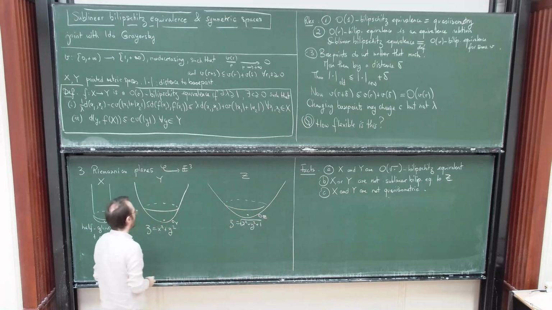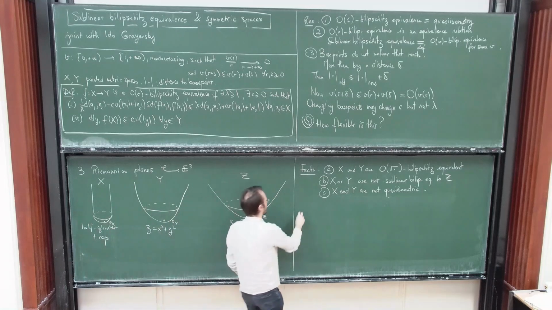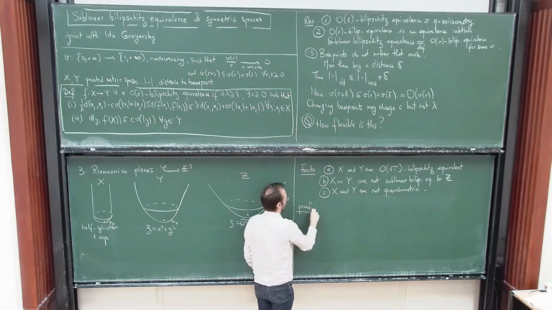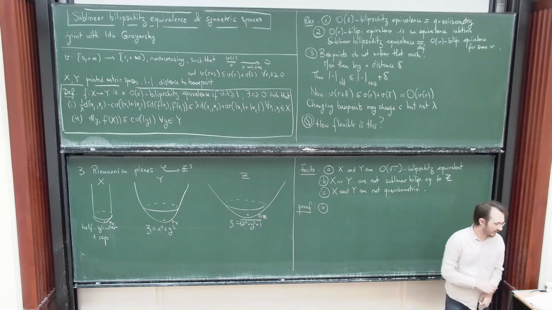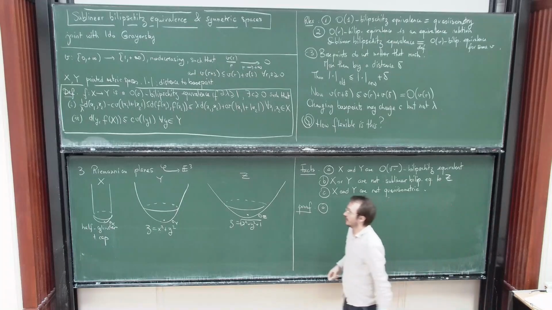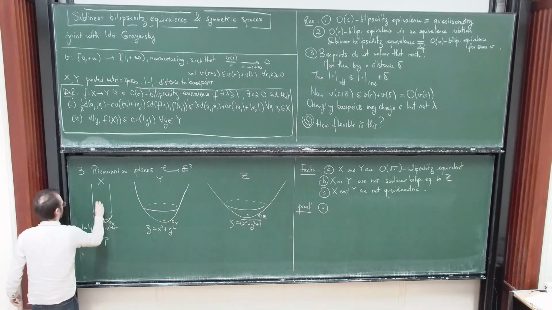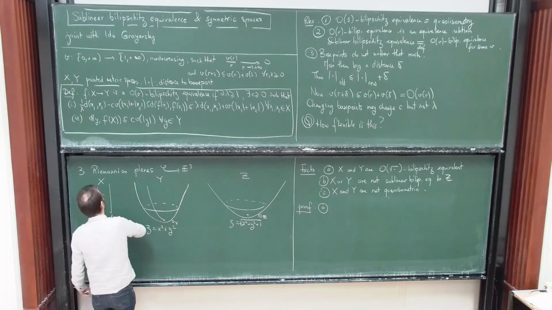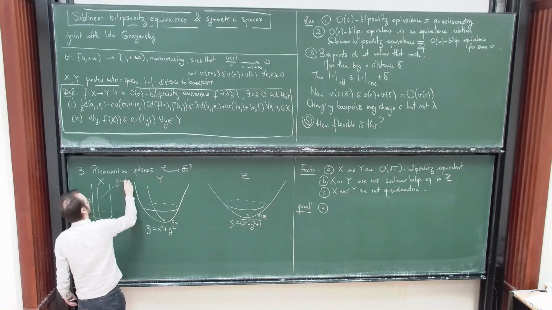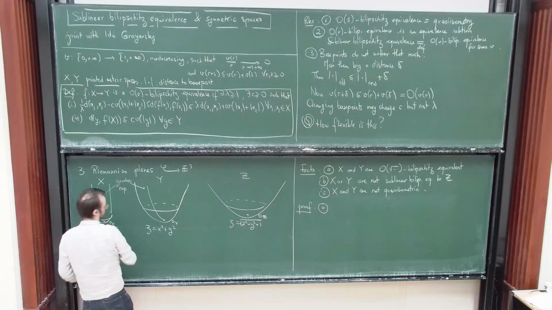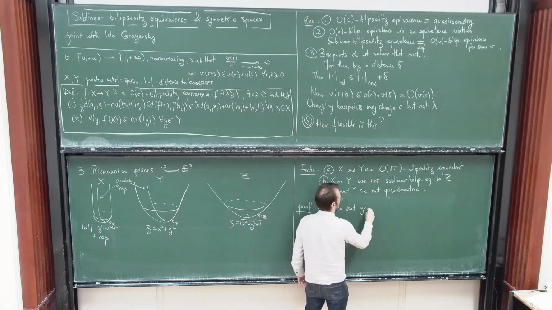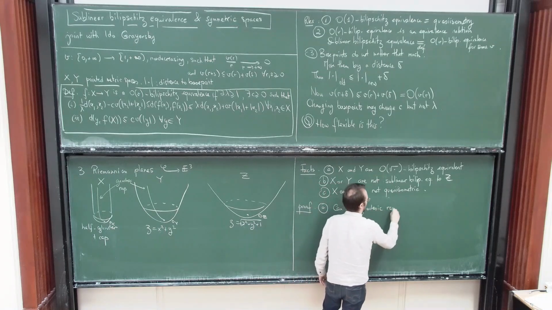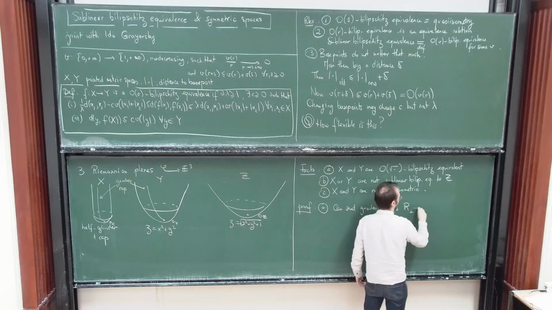For the first fact, proof for A: you have several ways to do it, but you can notice that you can send geodesic rays into X and Y. They are globally geodesic.